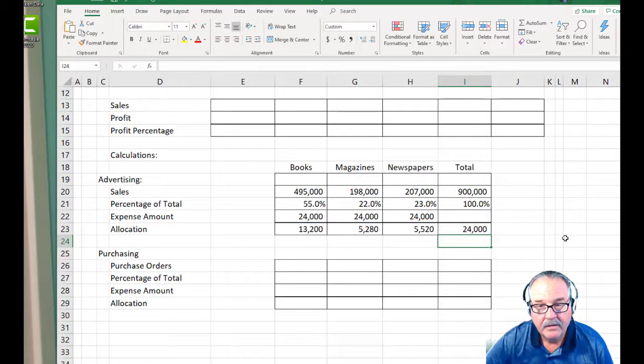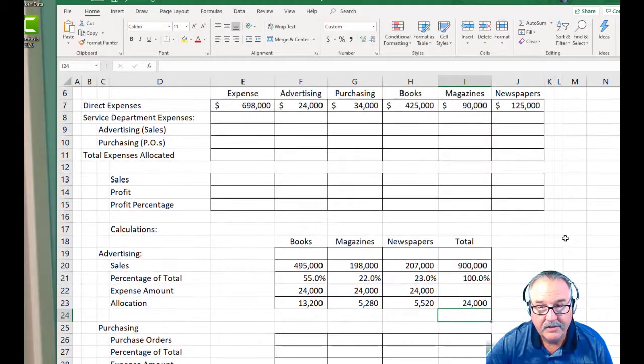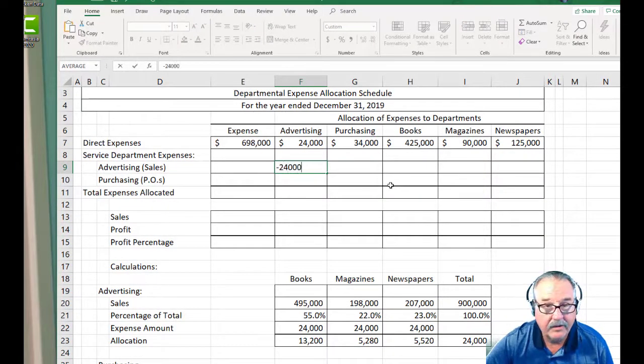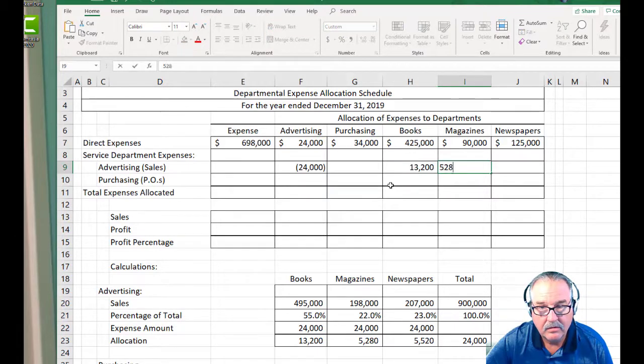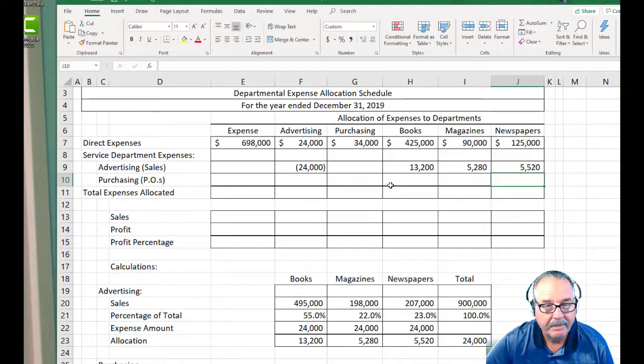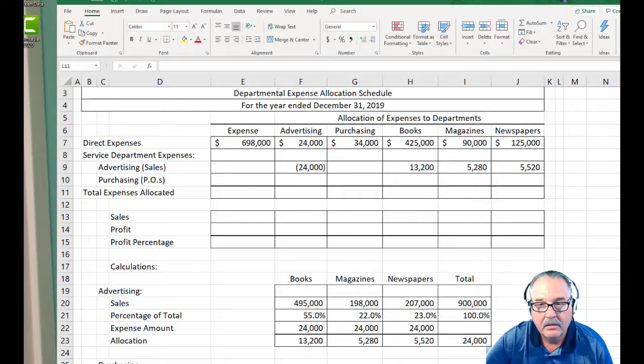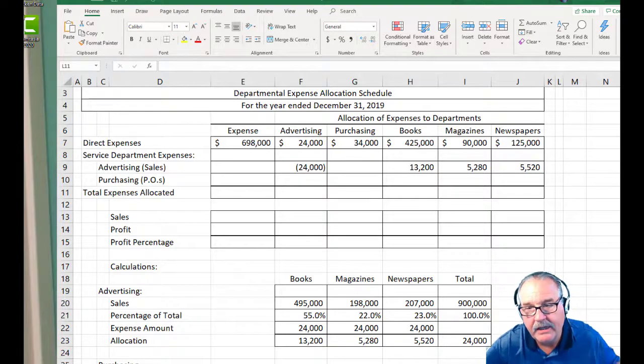Now we subtract $24,000 out of the advertising column and add it into the appropriate columns up above: books is getting $13,200 of the expense, magazines $5,280, and newspapers $5,520.